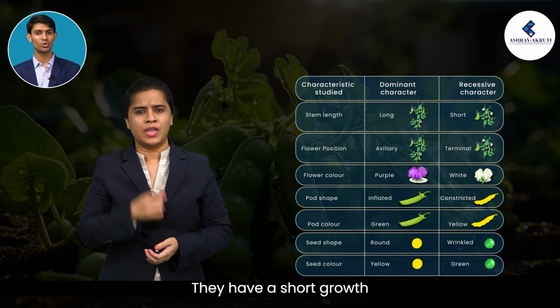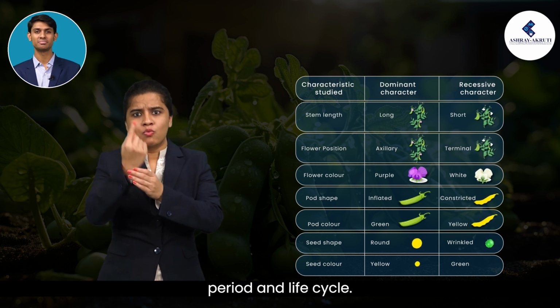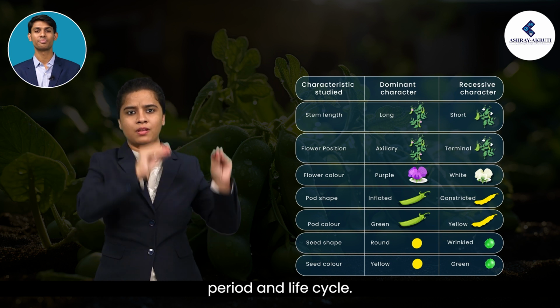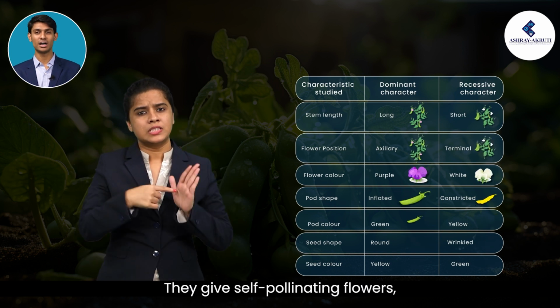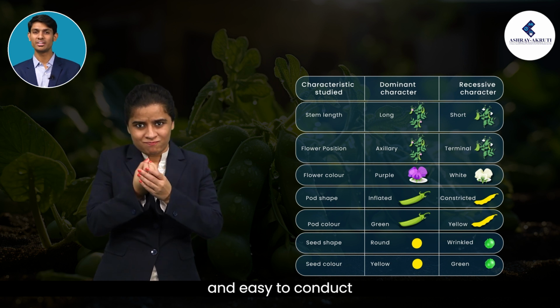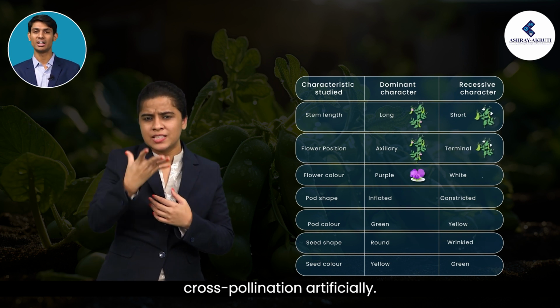They have a short growth period and life cycle. They give self-pollinating flowers and it is easy to conduct cross-pollination artificially.